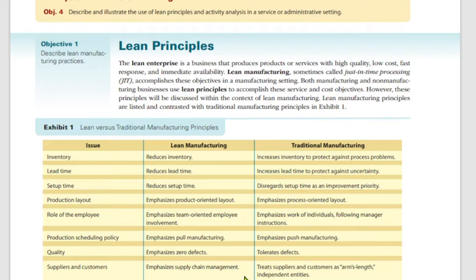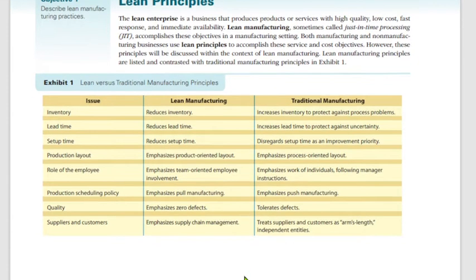In traditional, it treats suppliers and customers as arm's length independent entities. Kumbaga, under traditional, kung kailangan ko ng ganitong inputs, edi bibili lang ako sa supplier. While in lean manufacturing, nagme-maintain tayo ng strong supply chain connection dahil mahalaga yan in the delivery of the inputs in the intended time.